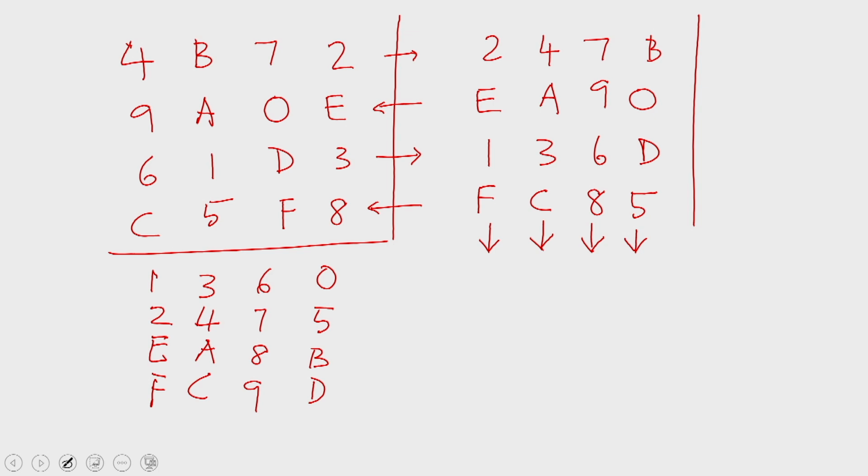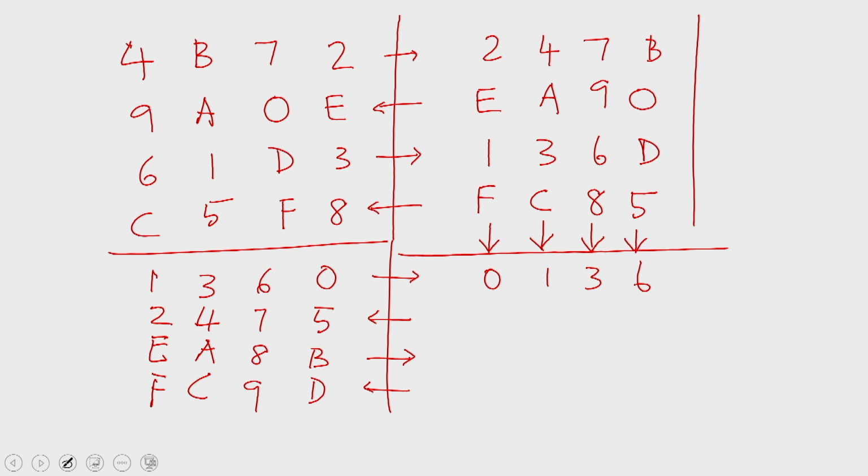Now, in the third phase of the algorithm, which is similar to the first phase, we sort the rows, but we change the direction of the alternate rows. The first row is sorted from left to right. Therefore, the first row will contain 0, 1, 3 and 6.